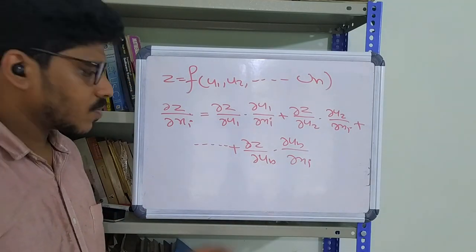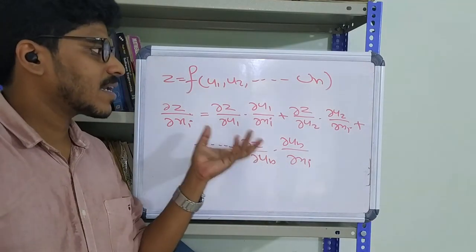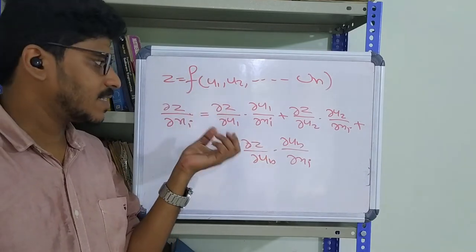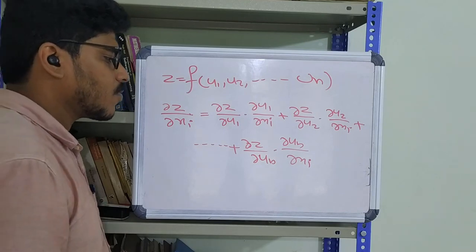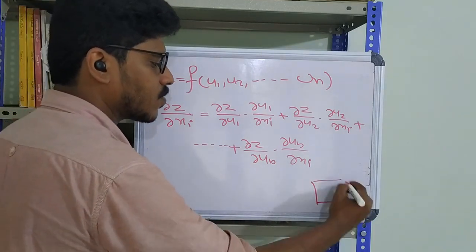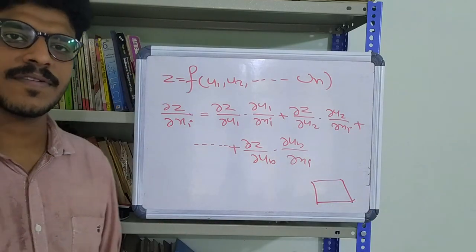Right. So this is still a mere generalization of the chain rule which we have seen and used before. Okay. So this is how we make use of the chain rule in partial differentiation.